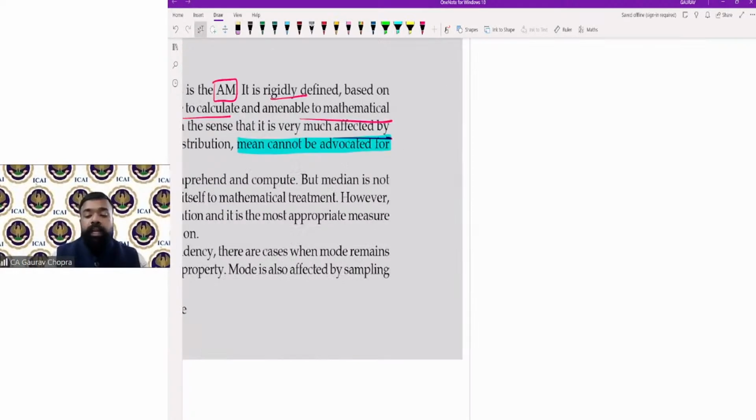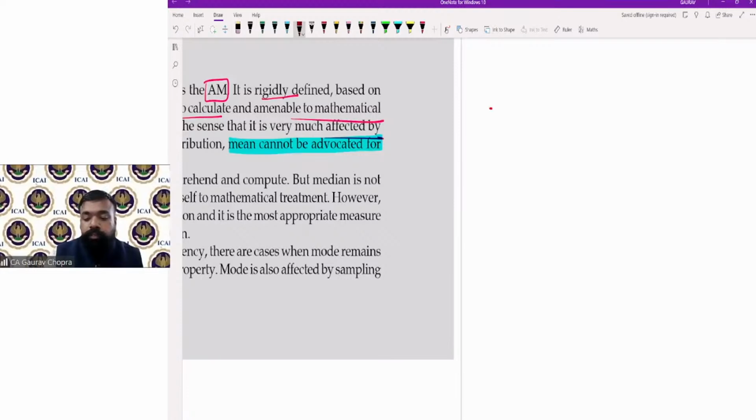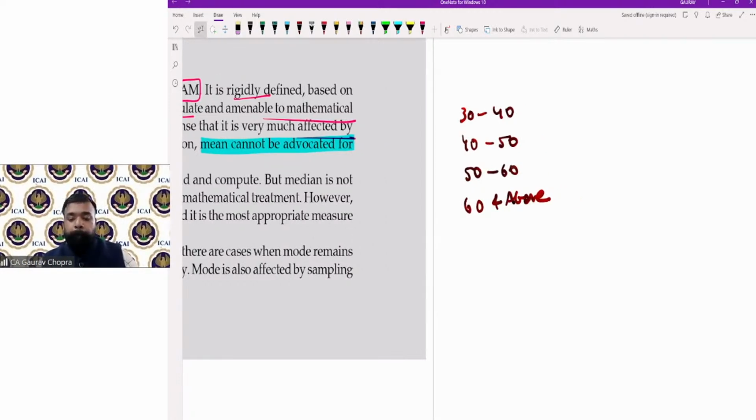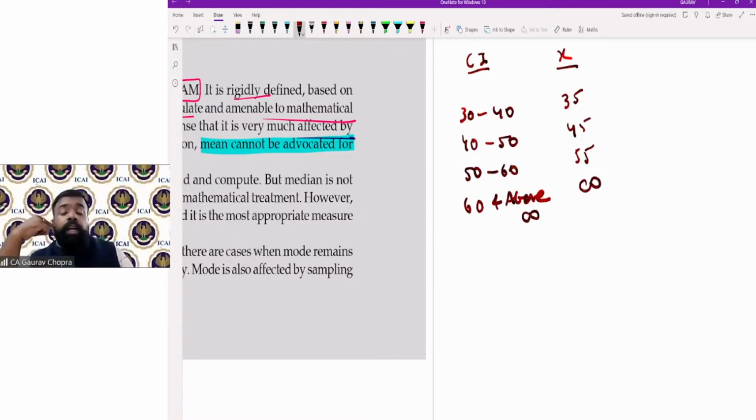What does this mean? How do we say open-end class interval? Let's say 30 to 40, 40 to 50, 50 to 60, 60 and above. Now, what is the meaning of 60 and above? Let's say if you have to calculate the arithmetic mean, to calculate it you need to find the mid value. So the mid value of 30 and 40 is 35, then 45, 55. Now what will be the mid value of 60 and above? Above means up to where? Up to infinity. So if you take the mid value from 60 to infinity, the mid value will also come out as infinity. So in such cases we cannot solve the question.